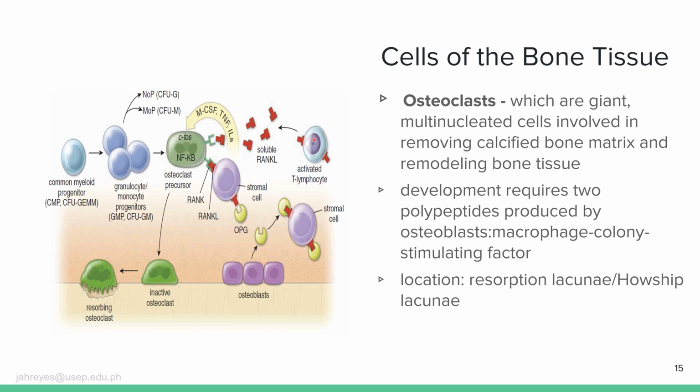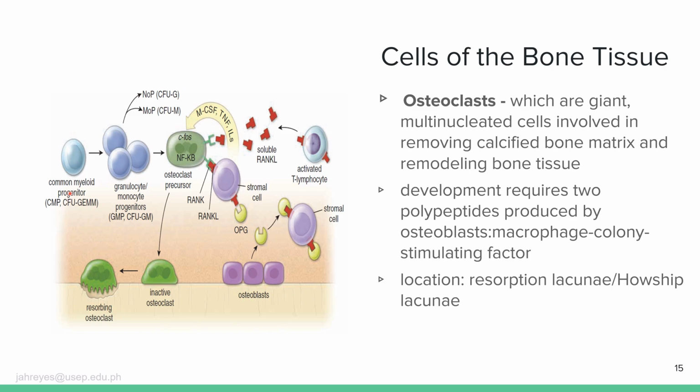This RANK ligand and RANK signaling mechanism is essential for their differentiation and maturation. Plus, the polypeptides that are also produced by the osteoblast, like macrophage colony stimulating factor, since they belong under the same progenitor, the common myeloid progenitor.